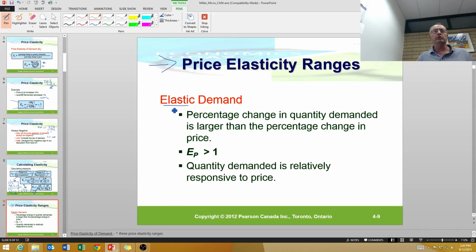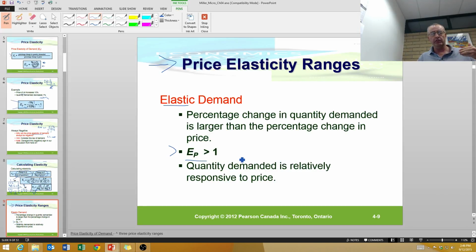So when we say that a product is price elastic, it means for a given percentage change in price, there is a larger percentage change in quantity demanded. When we do our calculation, the result will give us a figure of greater than 1.